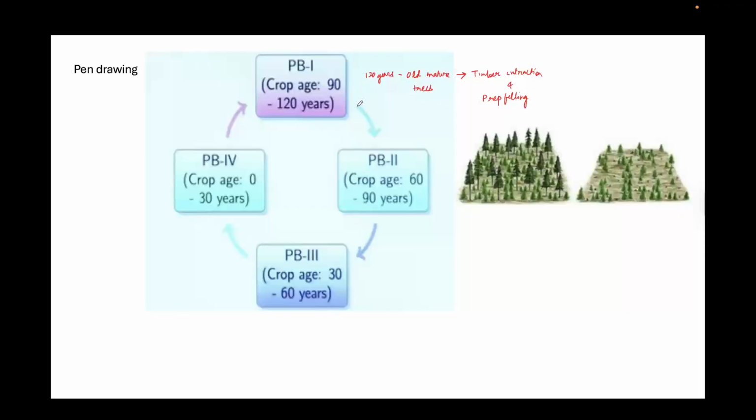Because these trees are the most mature trees, there will be felling here, leaving behind a few shelter woods and clearing the forest for timber extraction and for preparatory fellings, where we clear the forest in the shelter wood system. So this is generally the PB1, periodic block 1, which is the block undergoing felling and regeneration.